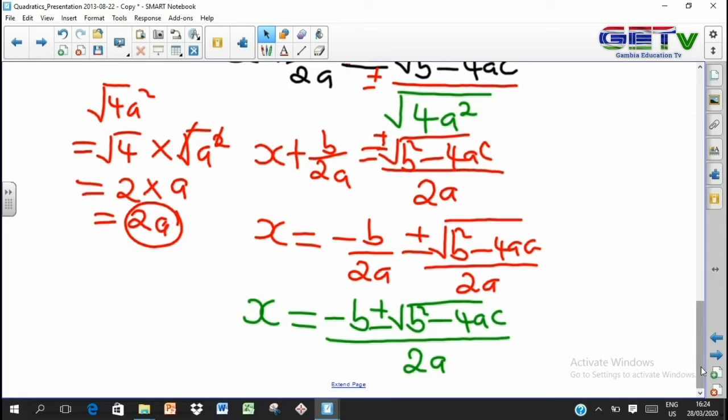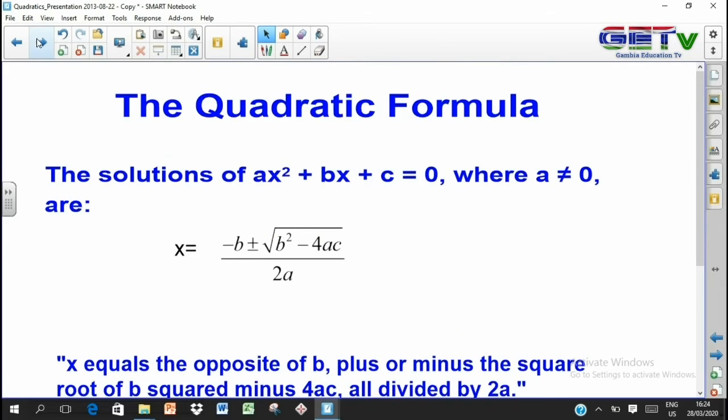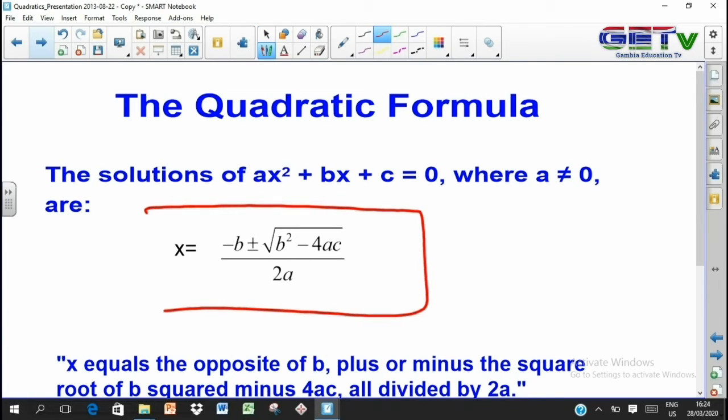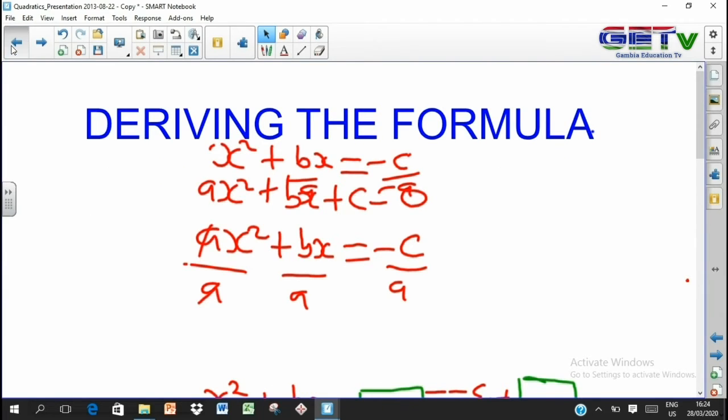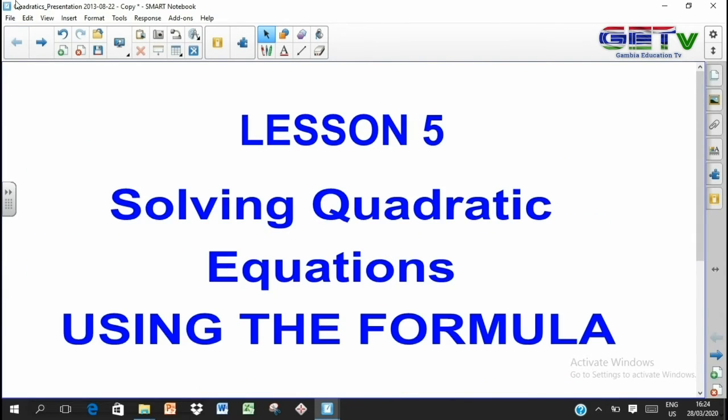Now, if you look at what we have in this slide, that's the formula here. That is x equals minus b plus or minus the square root of b squared minus 4ac, all over 2a, which is exactly the same as what we have just done together.